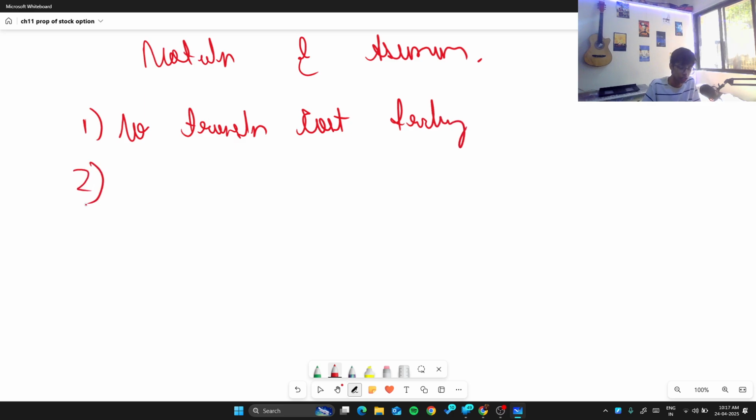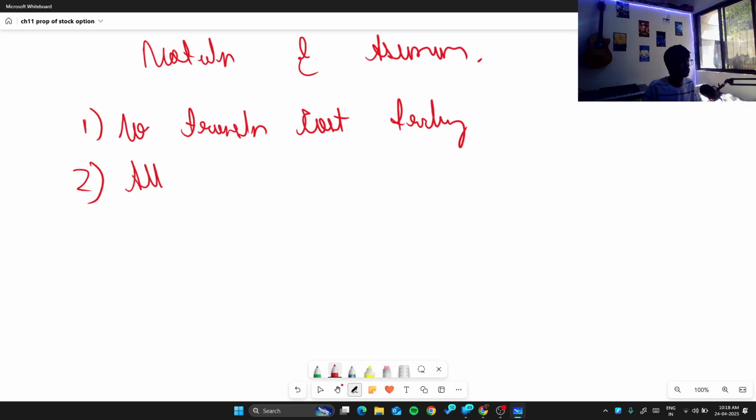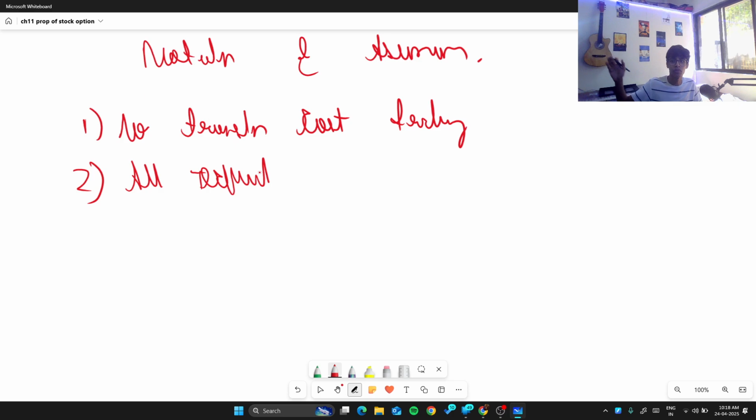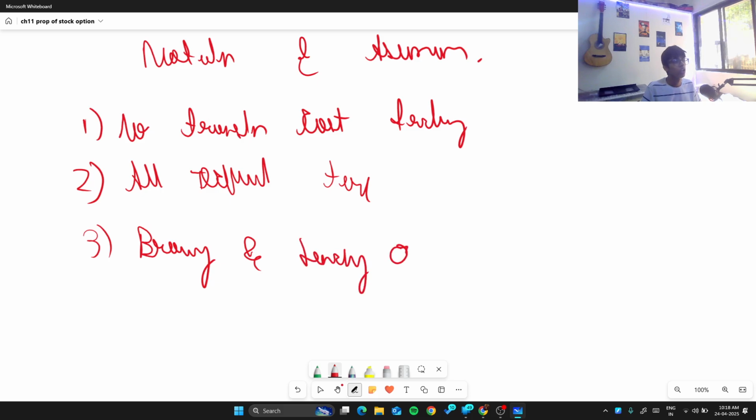Then second, all trading profits are subject to the same tax. There will be equal tax. There is no difference between capital gain tax and marginal tax. There are different types of tax, but we assume the same. And the third assumption is borrowing and renting are at the risk-free rate.